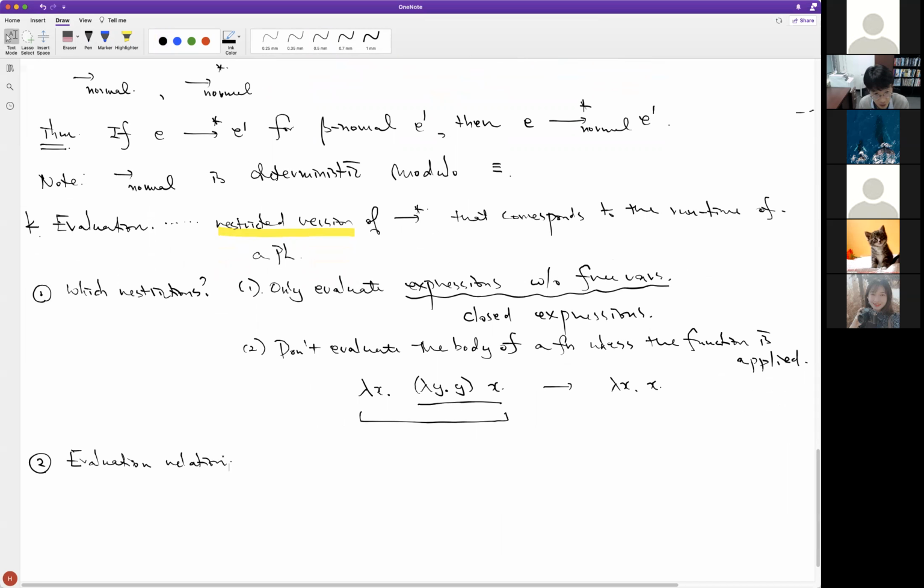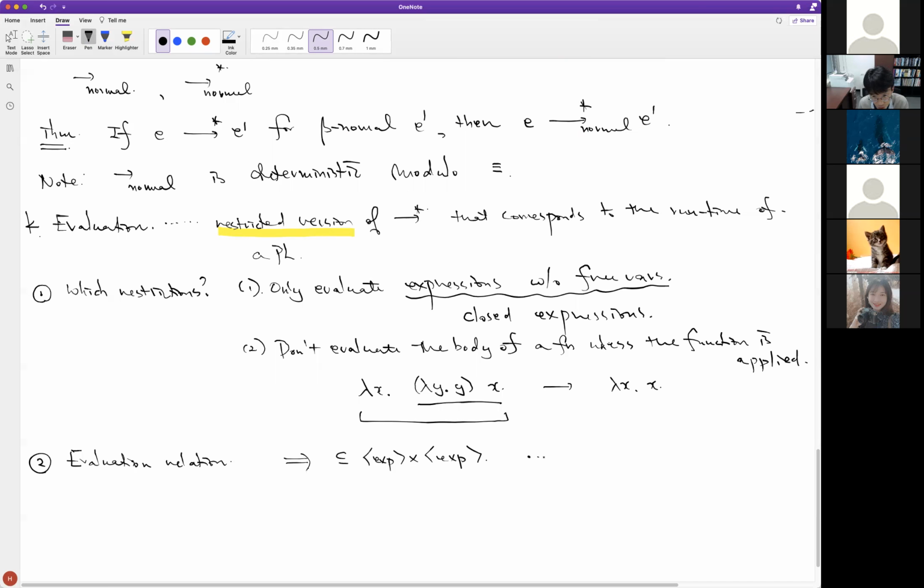So we're going to write evaluation. There's some new notation that's written like this, and this is a notation between expressions. We will define it in two ways, and they are going to be equivalent.